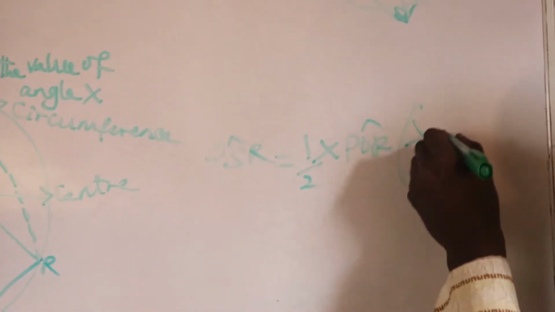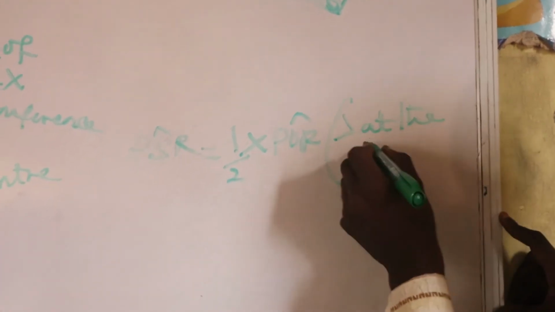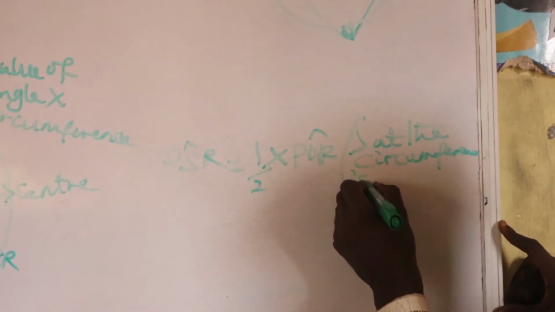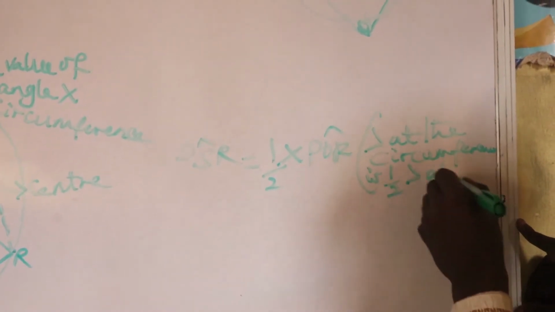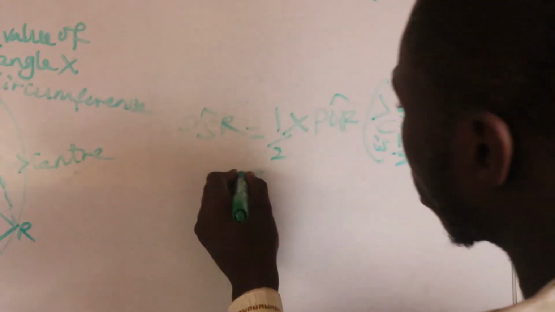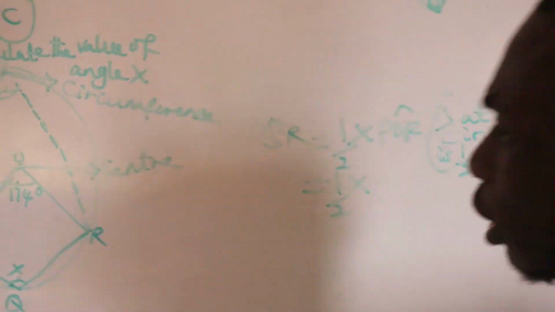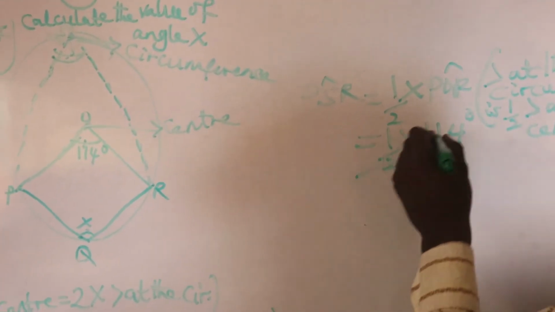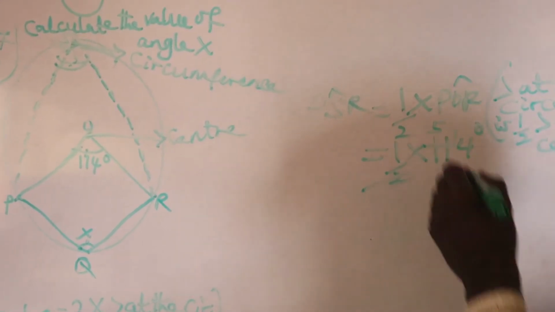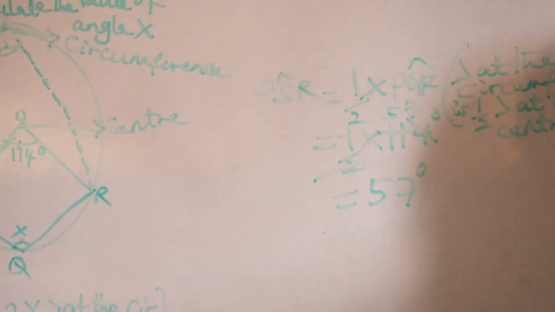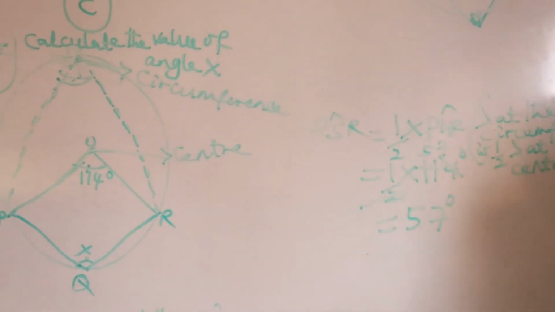Why? Because the angle at the circumference is half the angle at the center. So now, half of POR, which is 114 degrees: 2 in 11, 5, remainder 1, 2 in 14, 7. So I have 57 degrees as my PSR.